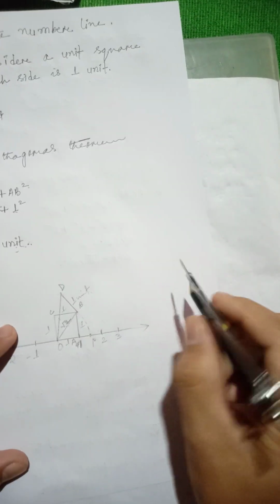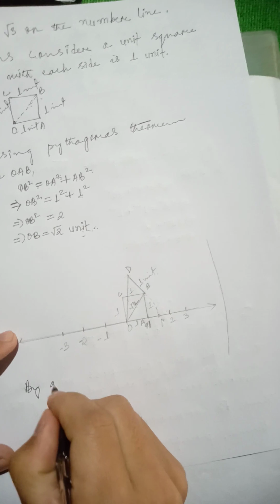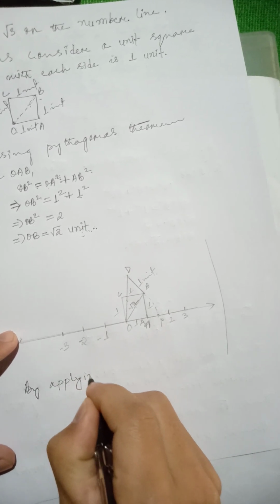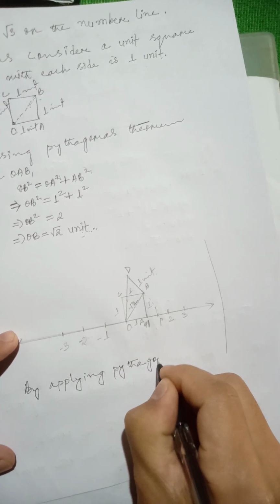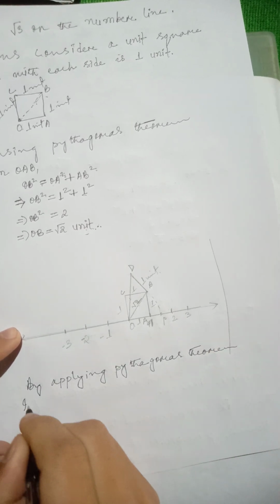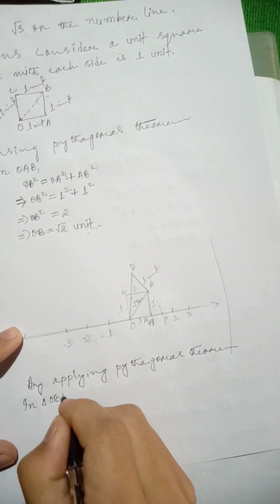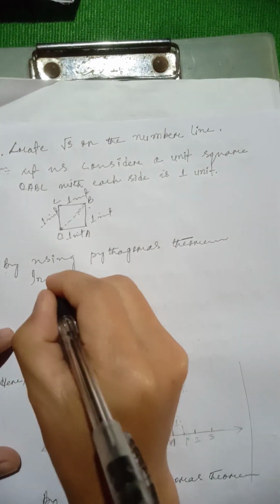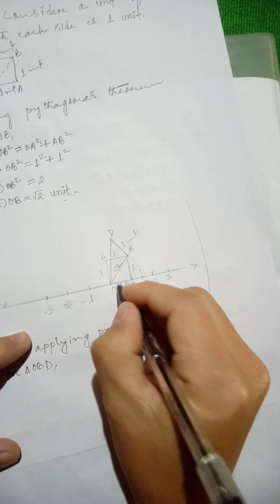By applying Pythagoras theorem, in triangle OBD, what is the longest side?